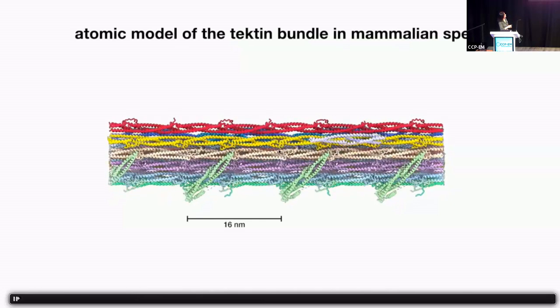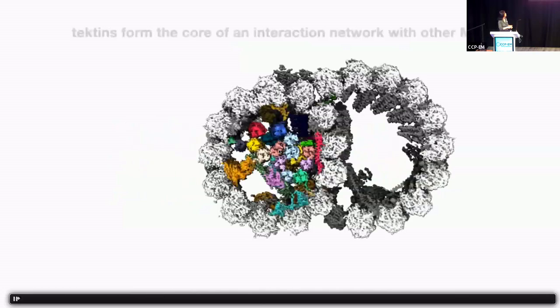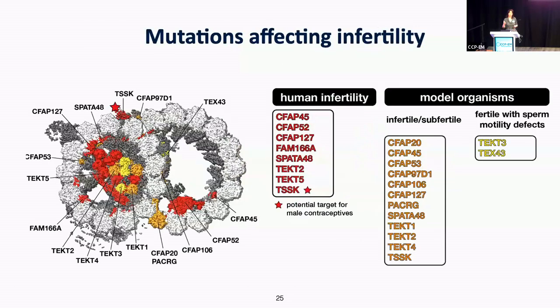Yes, so what I found very useful, or what you can do now with a structure like this, is that we tried to map in all the known knowledge we have on cases of infertility. So this is what you see here. All the colored ones are proteins that we found were already associated with infertility.